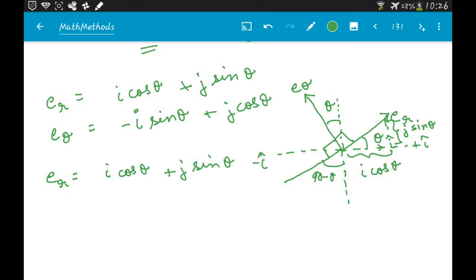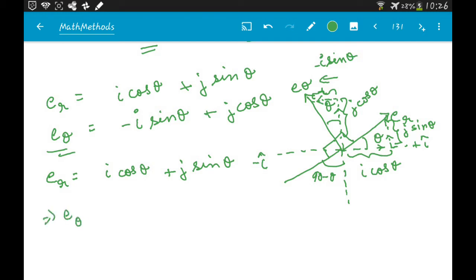Now let's look at E theta. So what is E theta? You have to add up these two components, right? You have to add up this and this. So this component is nothing but, this is your j and this is cos theta, and this component is nothing but, this is the minus i direction, so minus i direction into sin theta, because this angle is theta.